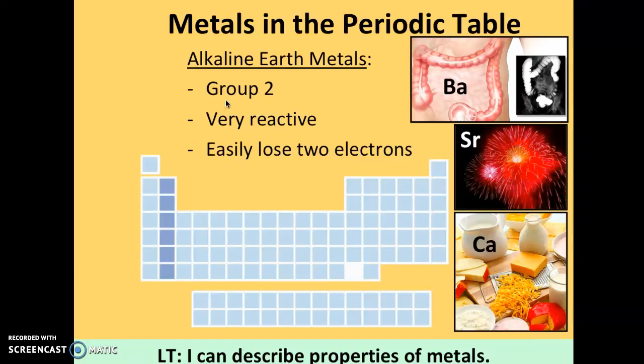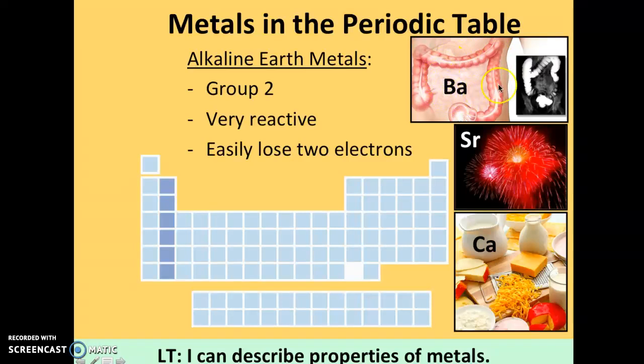All right, going to group 2, alkaline earth metals. These are also very reactive. They're not as reactive as group 1, the alkali metals. These easily lose 2 electrons, so they're going to combine with other elements that need 2 electrons to form a compound. Some things that you might know: barium.